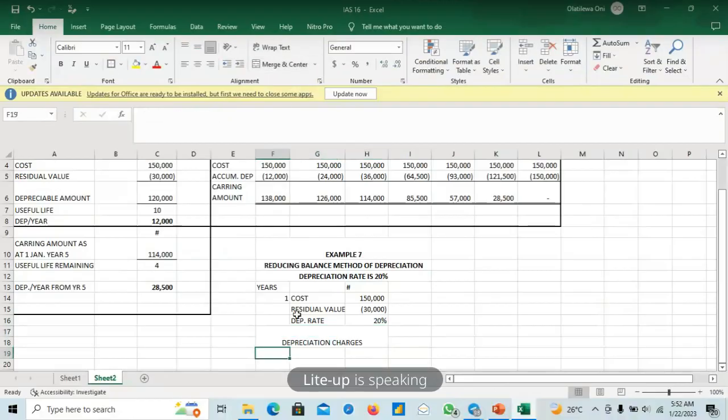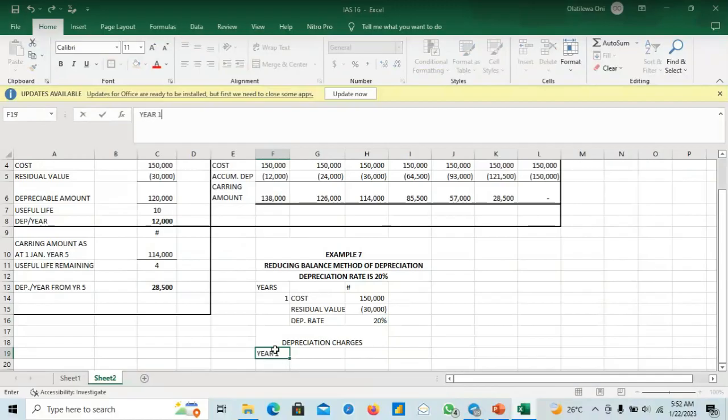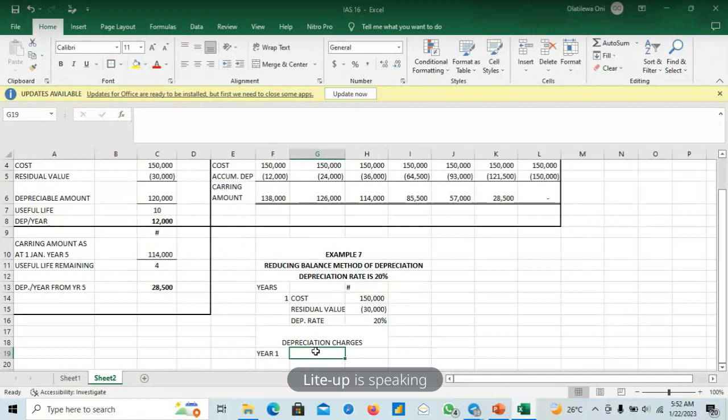For year one, we are going to say cost, which is 150,000, multiplied by the depreciation rate, which is 20%. That becomes the depreciation charge for year one. Let me reorganize this so that we have year one, year two, year three. For year one, depreciation charges is cost times depreciation rate.